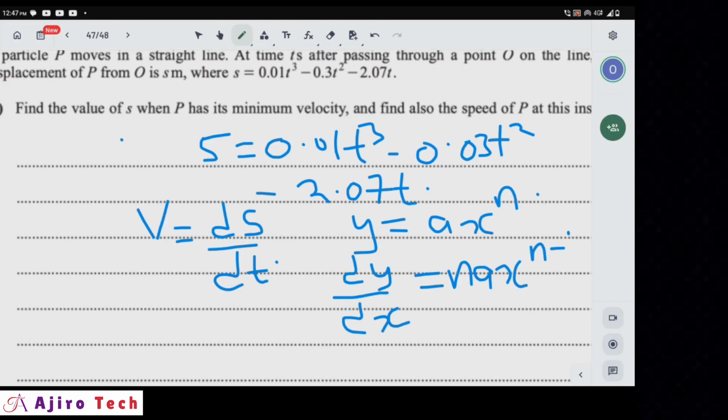And this is the expression we are going to use to solve all these parameters given to us.